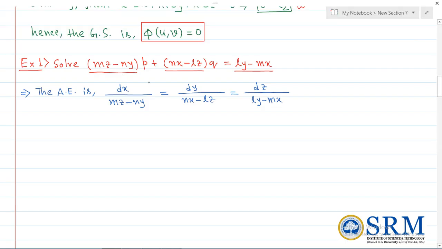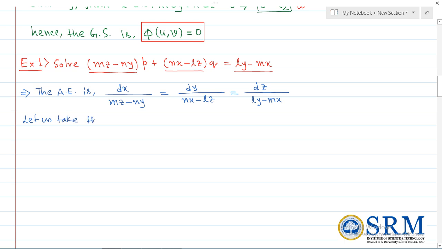Now all of you can understand that the auxiliary equation can be written in the form dx upon P, that is mz minus ny, equal to dy upon Q, that is nx minus lz, equal to dz upon R, whatever is on the right hand side, ly minus mx.